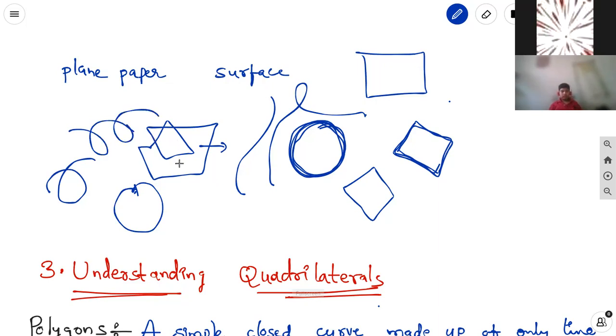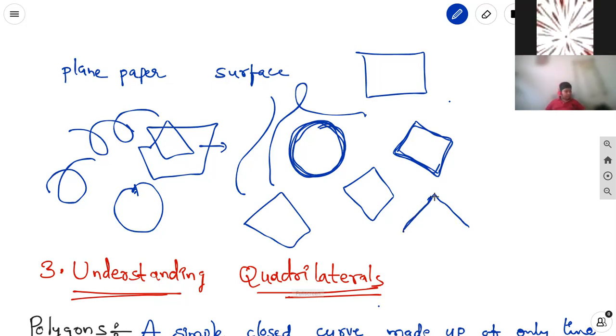Whatever the curve is, it is either a polygon or a simple curve. Here we discuss polygons. A polygon is nothing but a closed curve made by joining lines. It has three or more lines joined. If two lines are joined, it is never closed, so it is not a closed curve.